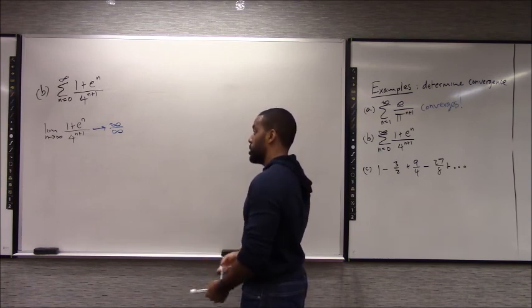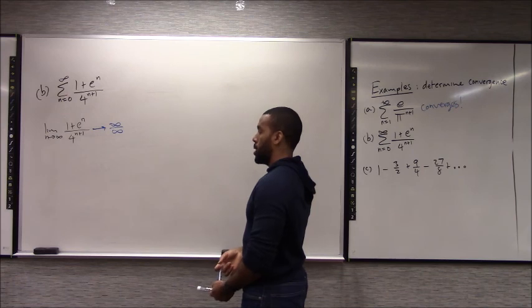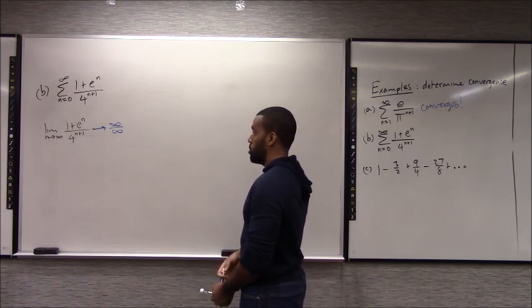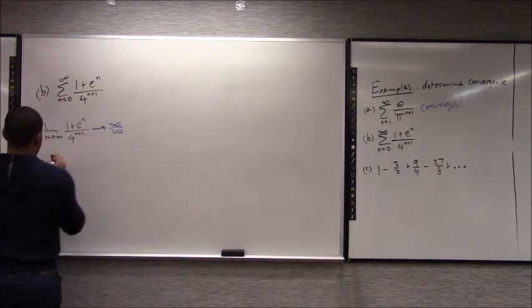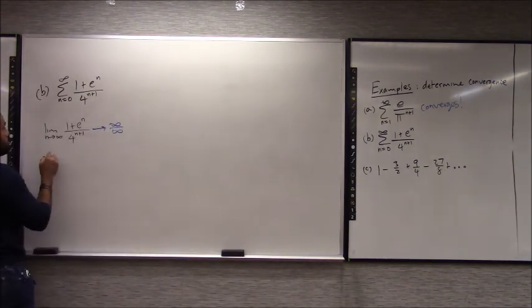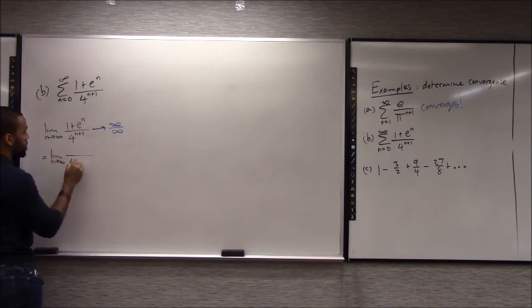One way you could do it is L'Hopital's rule. There are other ways you could see it. Can we factor out a 4? You can factor out a 4. Right, so this is really 4 times 4 to the n.